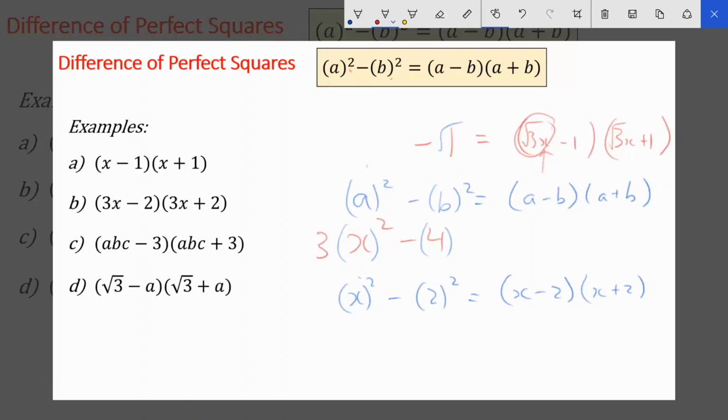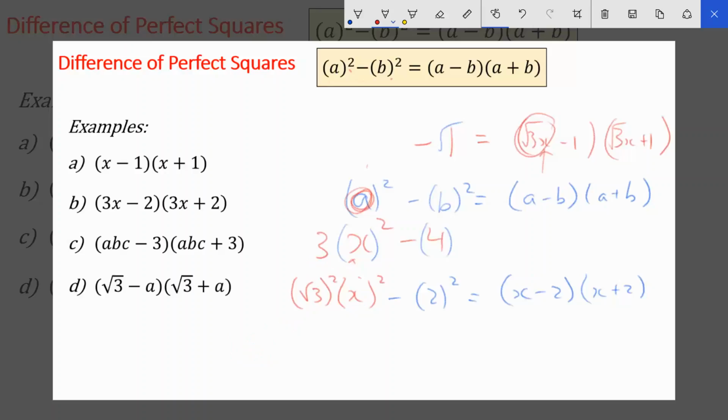See, if I put in a 3, the issue is it's not inside the brackets. Because the formula says a has to be inside the brackets, and you want to square that. Now, the 3 is on the outside. So how do you write 3 as a squared number? Root 3 squared. So right here you would have root 3 squared, and that is x squared.